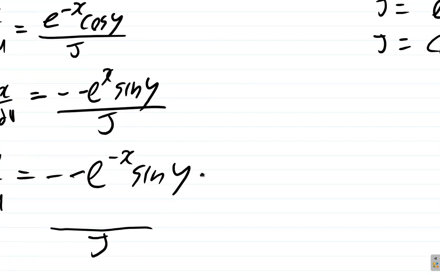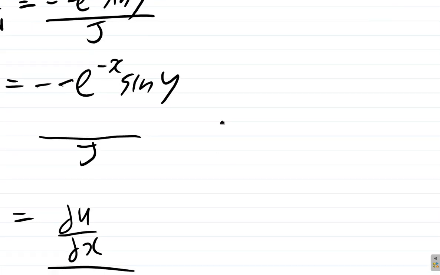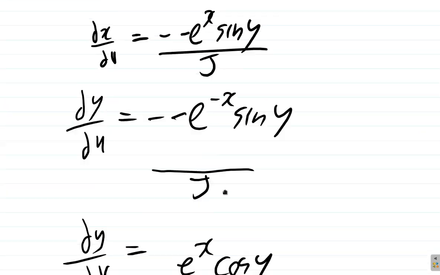But what is delta u by delta x? It is e to the x cos y. So this is e to the x cos y divided by the Jacobian.